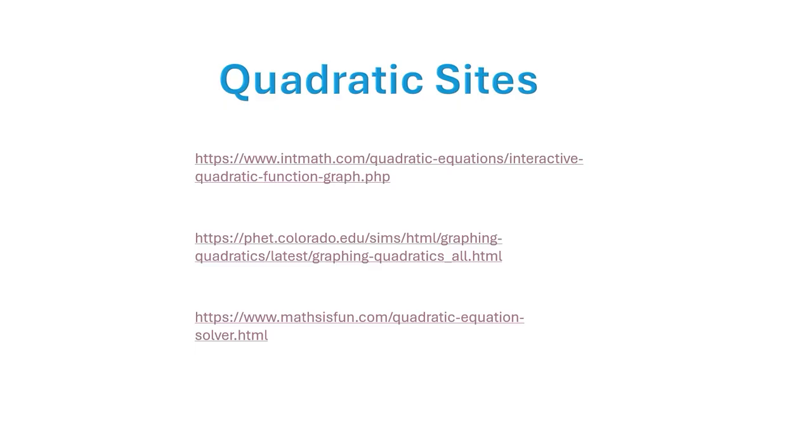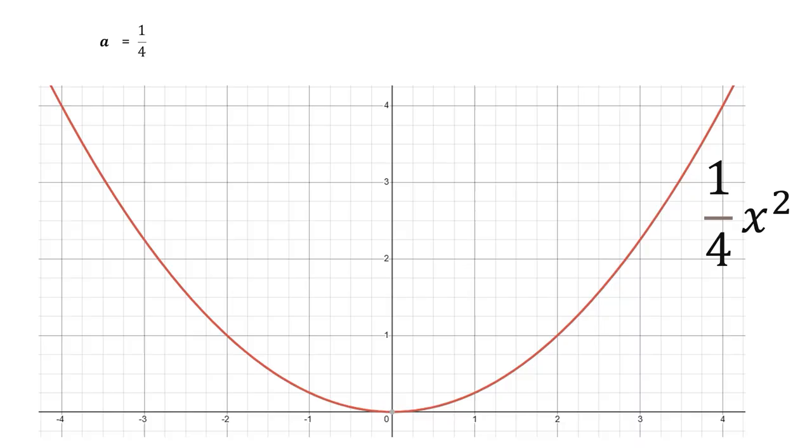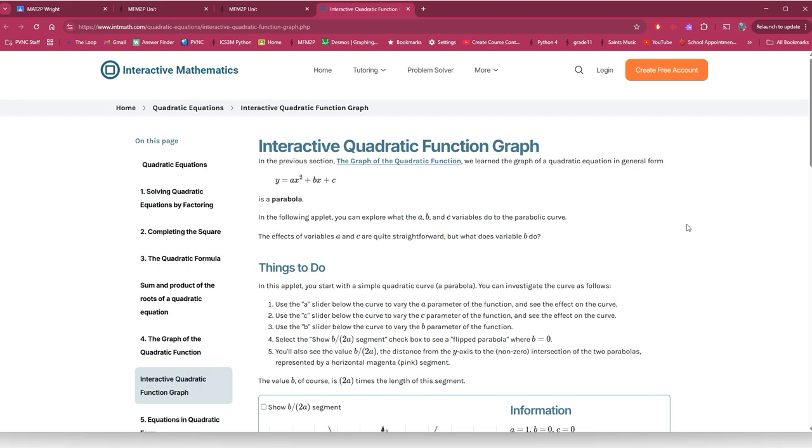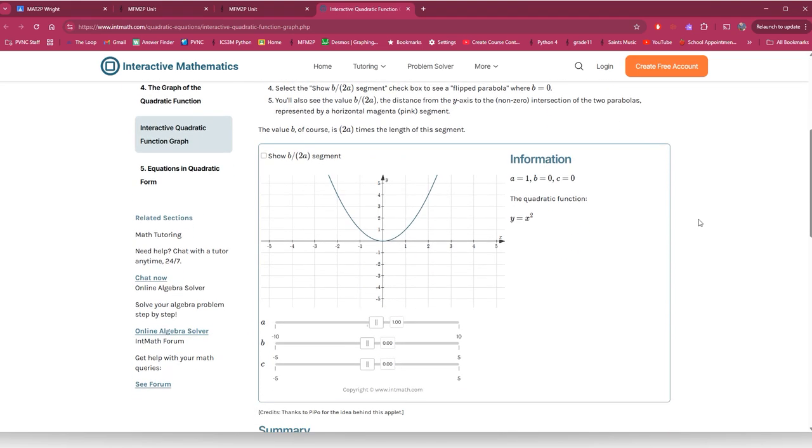There are a number of excellent sites with animations that allow us to manipulate these values of a, b, and c. So one of these, let's explore that. So here we can adjust the values of a, b, and c.